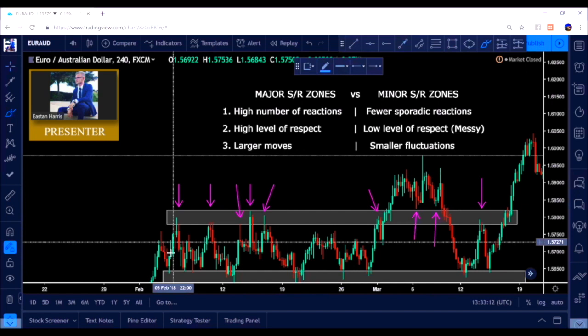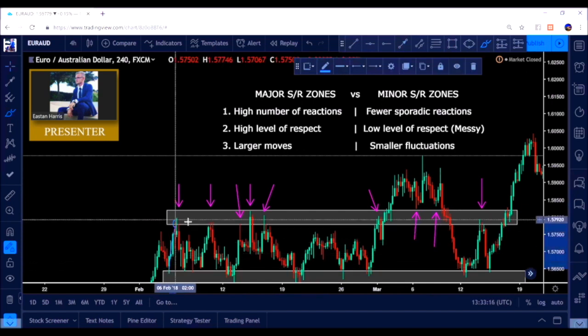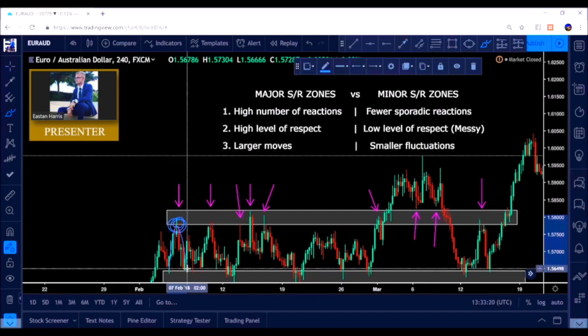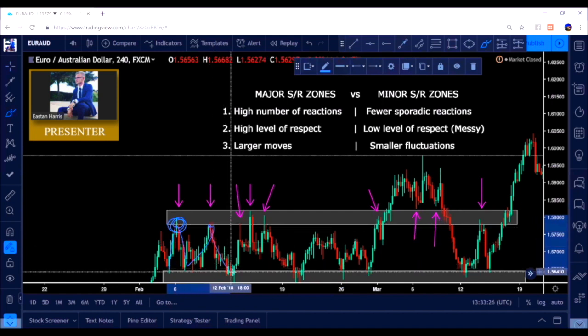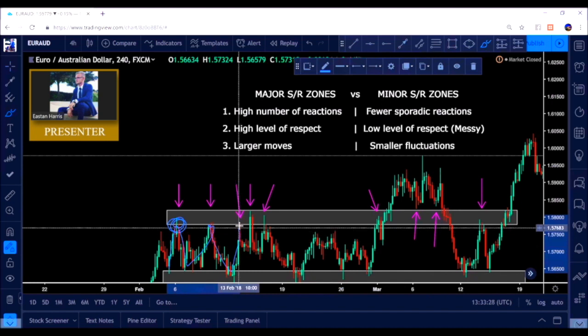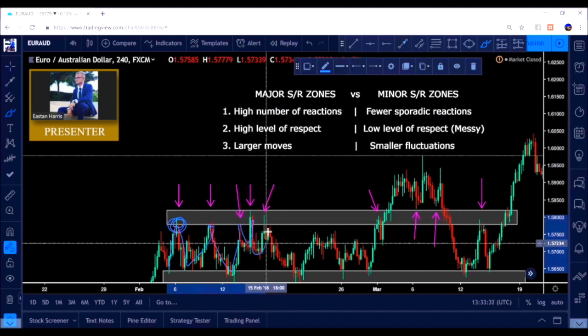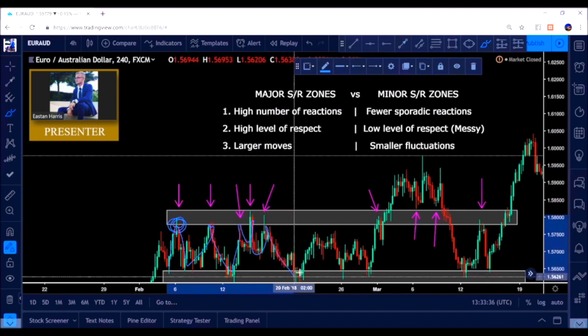Let's see. Over here, price came up to our resistance and fell, just as expected. Again, price comes up to the resistance, falls, just as expected. Again, up to the resistance, still holding at the resistance, falls as expected.